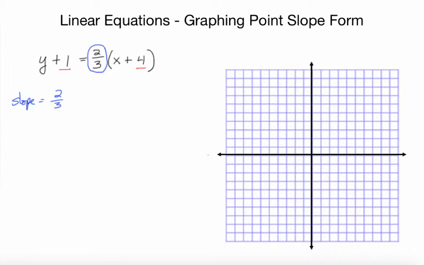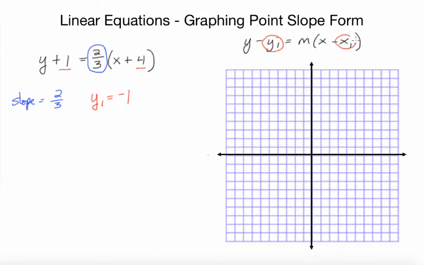Now, I'm also given some information in terms of adding and subtracting things to x and y. And if I remember, the point-slope form equation is always y minus y1 equals m times x minus x1. So we've already got the slope, so identifying my x1 and y1 values is just by comparing what we have here. So I'm subtracting my y1, but I've got plus 1, so the change in sign means my y1 value is actually -1.